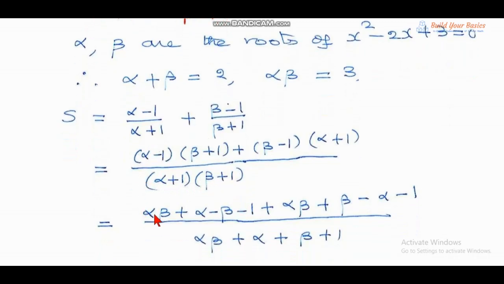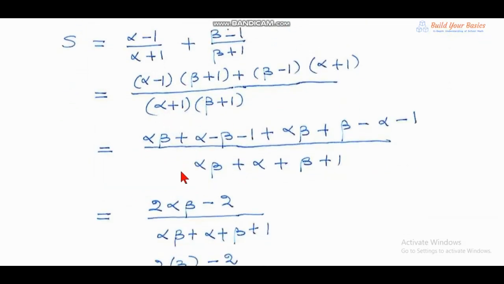Multiplying out: alpha beta plus alpha minus beta minus 1 plus alpha beta plus beta minus alpha minus 1, divided by alpha beta plus alpha plus beta plus 1.